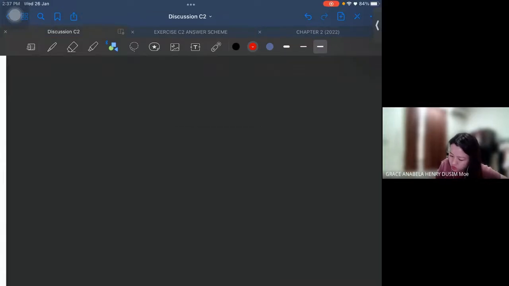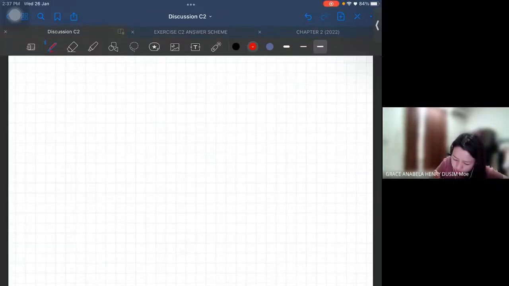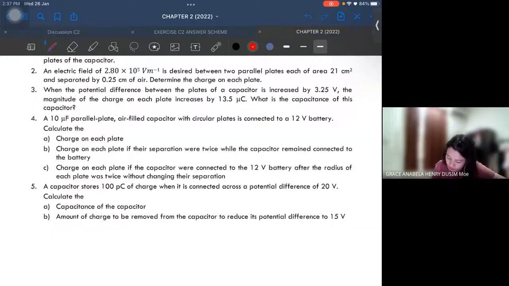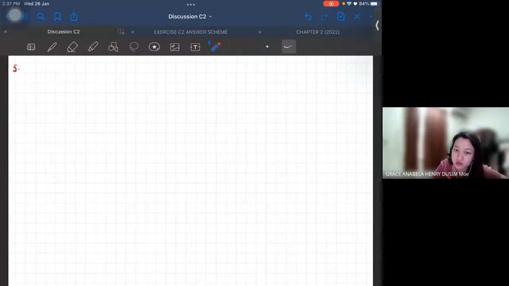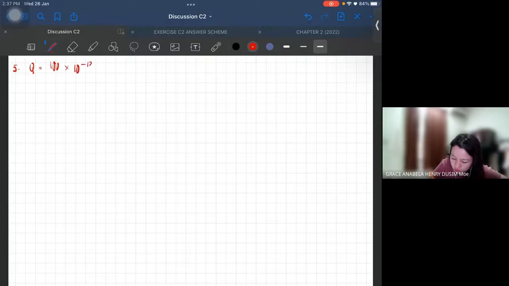Okay, question number 5. We have to calculate the capacitance of the capacitor and then the amount of charge to be removed to reduce the potential difference to 15 volt, so from 20 volt to 15 volt. Given is the charge, 100 pico, pico is 10 to the power of negative 12 coulomb, and the potential difference is 20 volt.